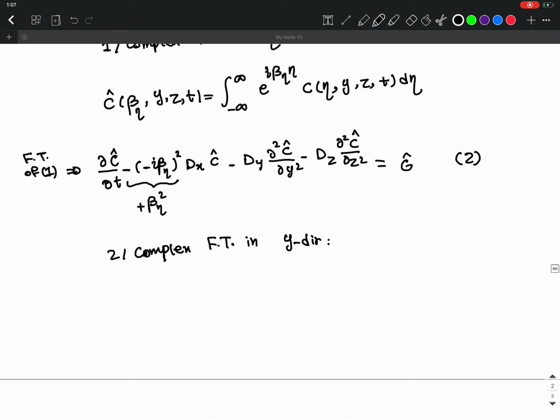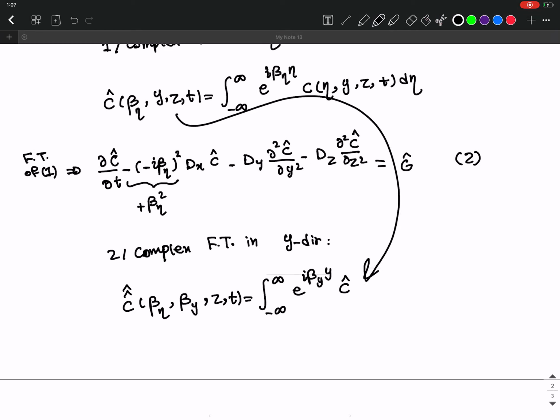So here we are going to have c double hat of beta eta, and then beta y, because we are going to the beta space in the y direction, z, t equals the integral from minus infinity to infinity of e to the i beta y y times c hat, which is this function, of beta eta, y, z, t dy.